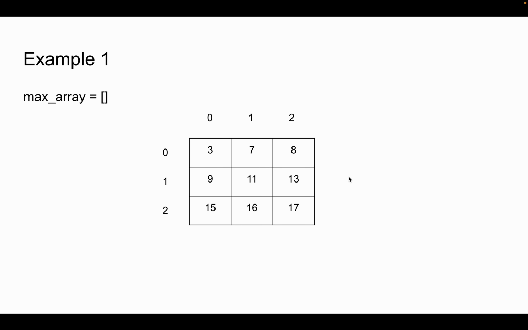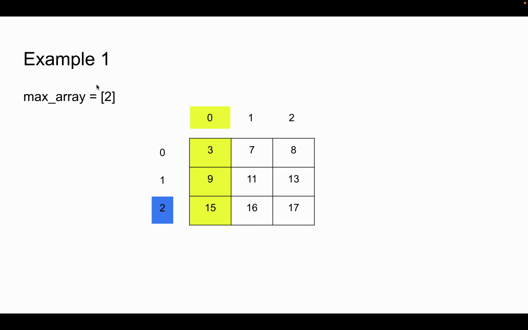So let's go over the thought process. You keep track of the max element of each column, and then we go into the rows and check if they are the minimums. Here I define a max array.